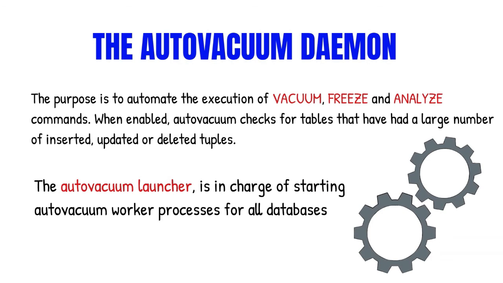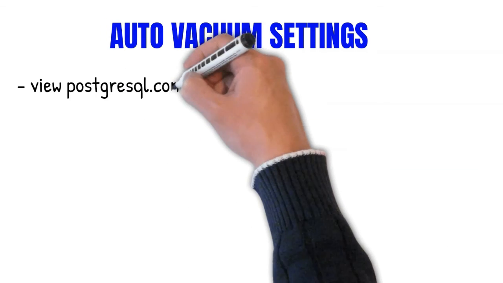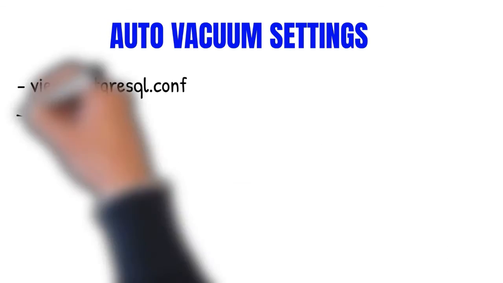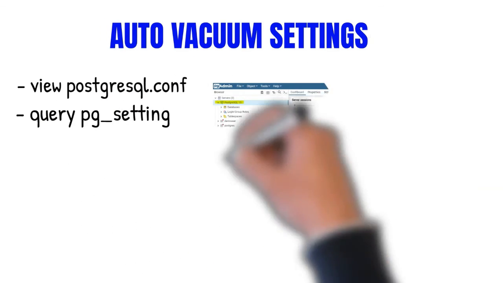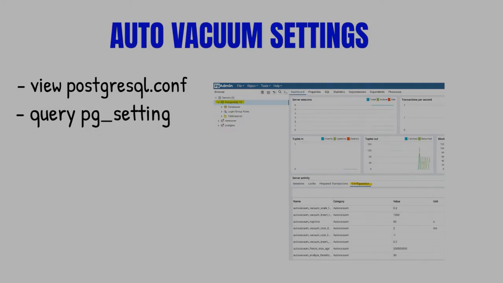The launcher will distribute work across time. Each worker process will check each table within the database and execute vacuum and/or analyze as needed. To view the settings for auto vacuum, you can view them in the Postgres config file, query the pg_settings table, or from pgAdmin, select your server and then select configuration.